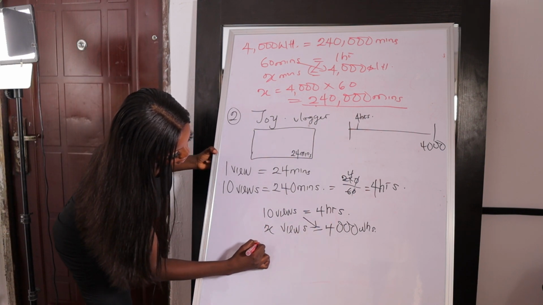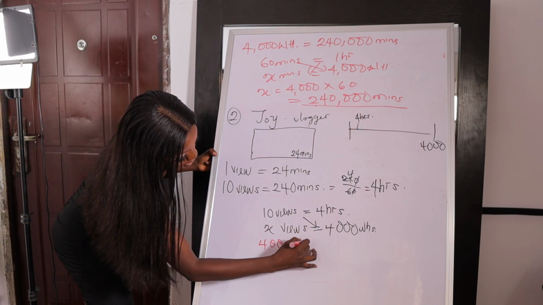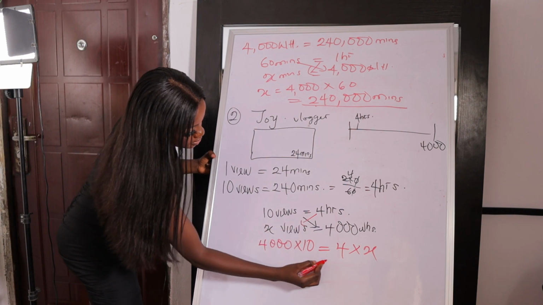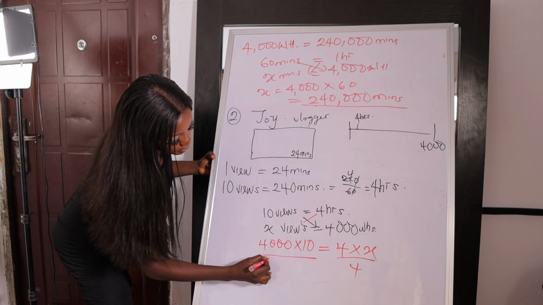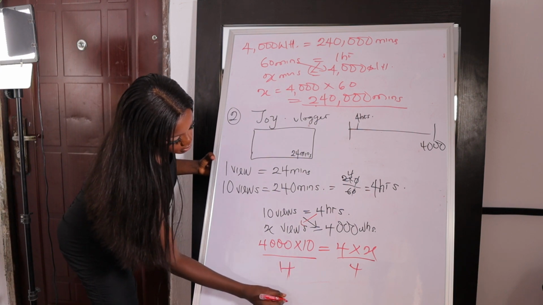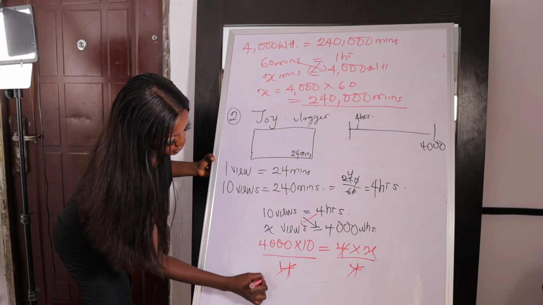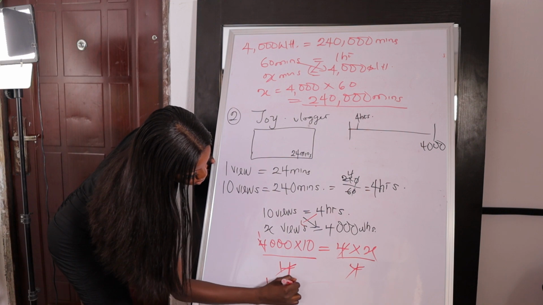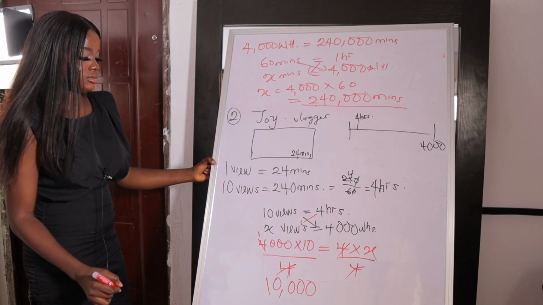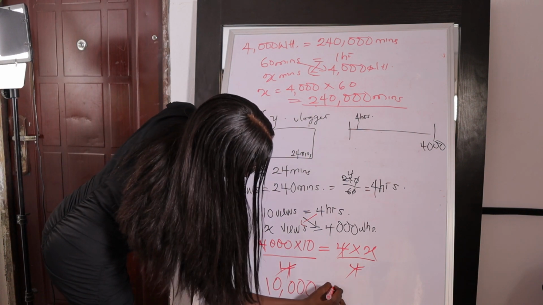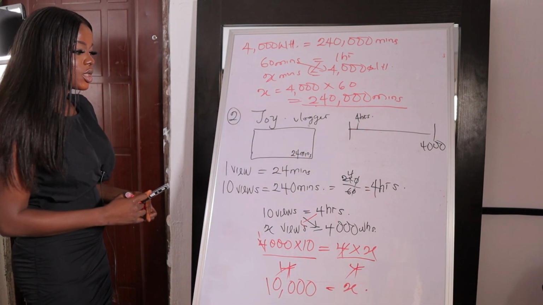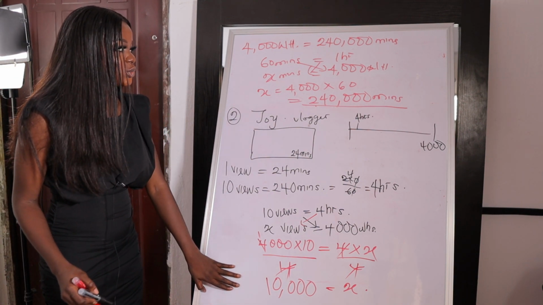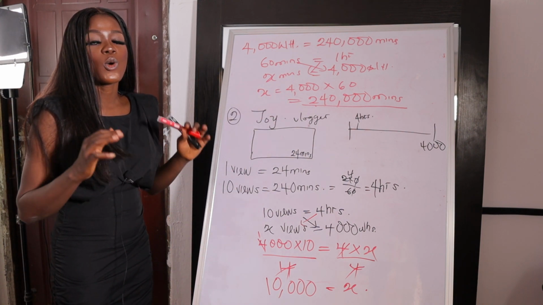We have 4,000 times 10 equals 4 times X. So X is this over 4. 4 cancels 4, gives us 1. So 1,000 times 10 gives us 10,000. Which means that Joy only needs 10,000 views in order to achieve 240,000 watch minutes.